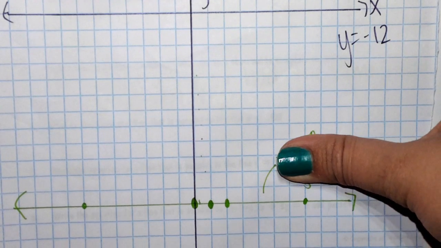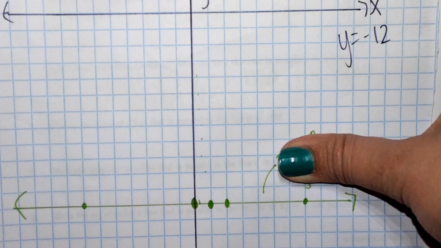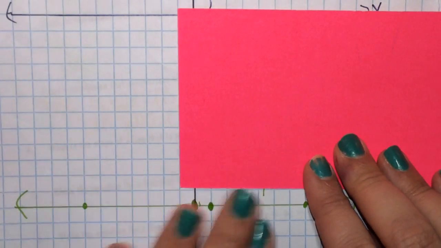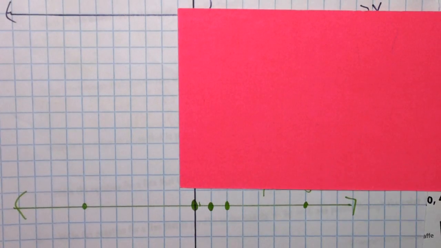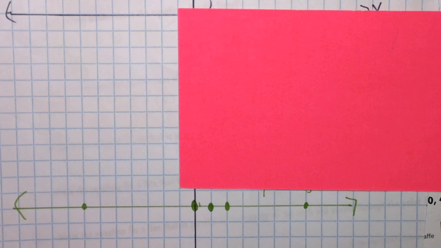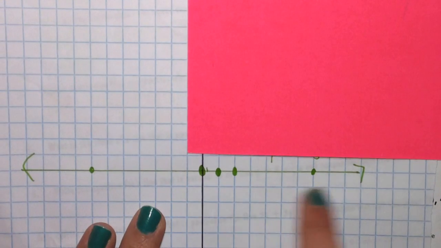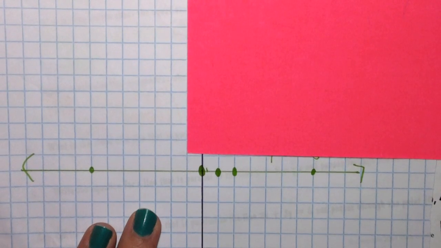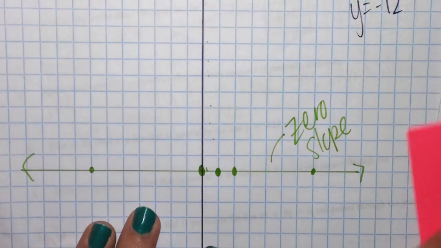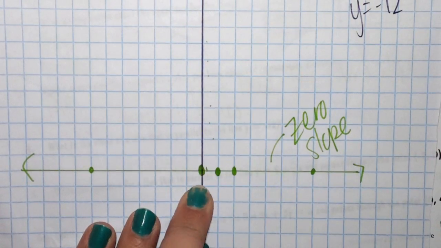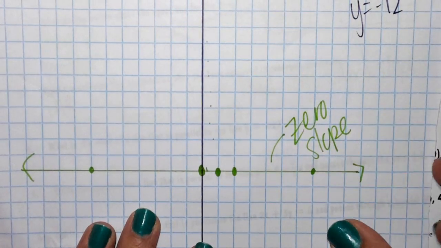Now, why do you think I drew a straight line through it and did not go up any? Do we have an x in our equation? It was just y equals negative 12, right? So we did not have an x, so we couldn't have a slope. What kind of slope does this line have? A 0 slope. Take a point. So this line has a 0 slope.